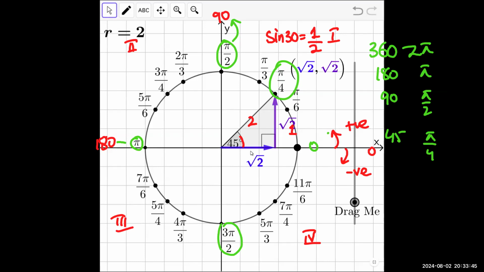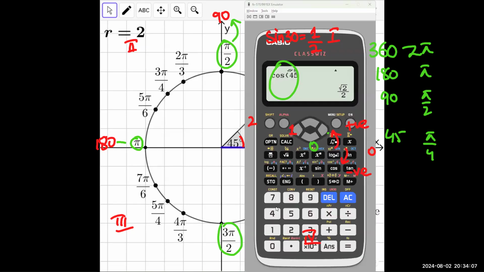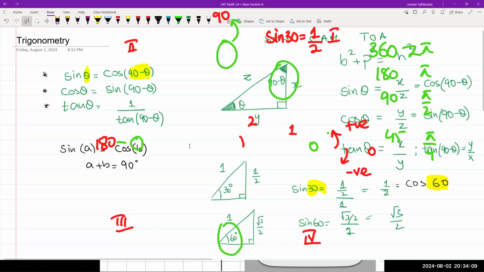So this is under root 2, and this is also under root 2. The base and the perpendicular are the same because it's a right angled isosceles triangle when the angle is 45. So the cos ratio, which is base over hypotenuse, and the sine ratio, which is perpendicular over hypotenuse, are the same values. Also, it matches the rule that we were writing. It matches this rule.